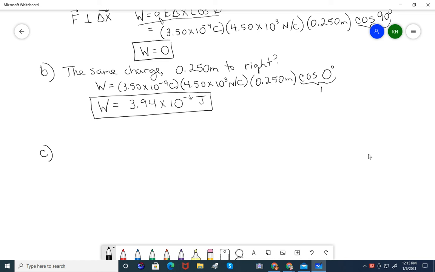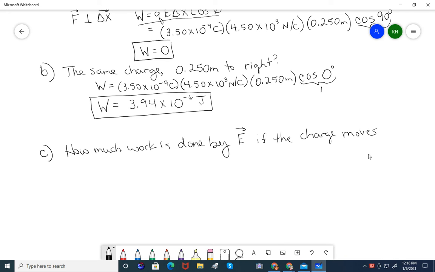Finally, let's consider a case where we have a charged particle, but it's not moving perpendicular, but it's also not moving in the same direction as the field. So let's consider how much work is done by the electric field if the charge moves.